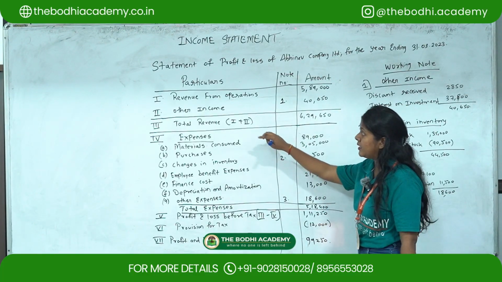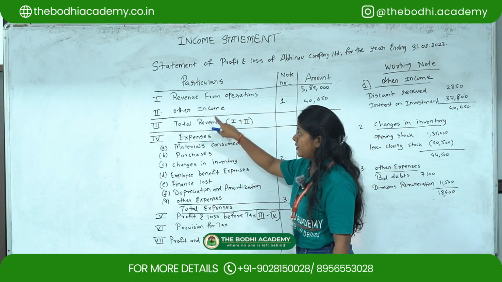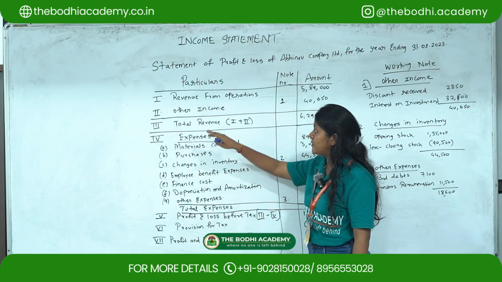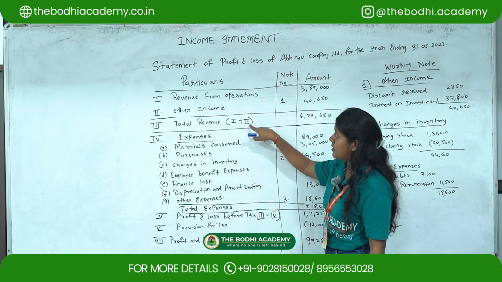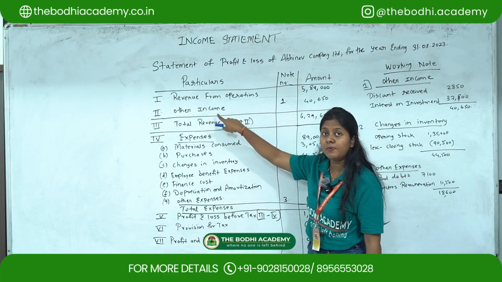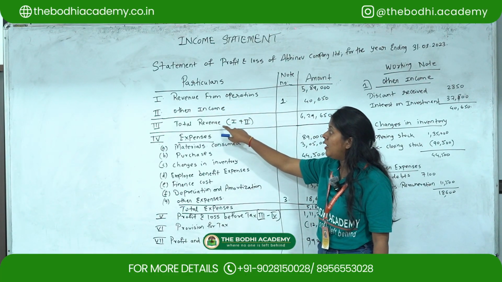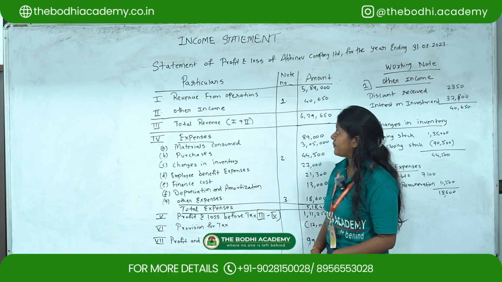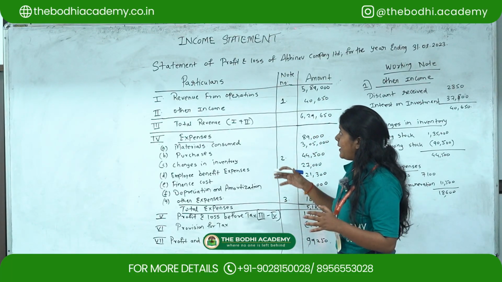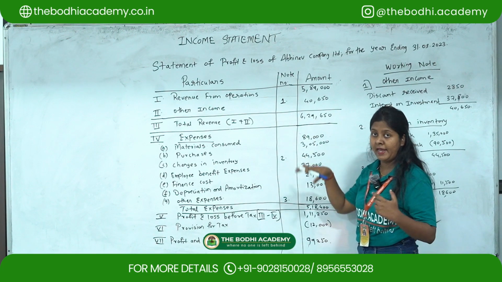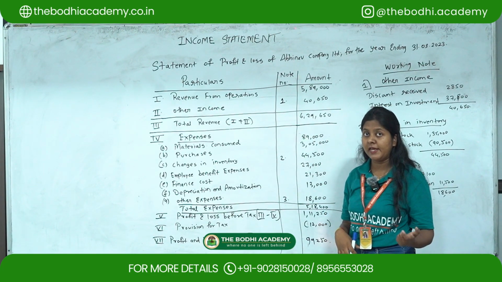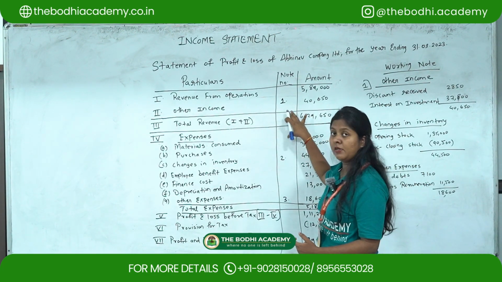Then the third step is to add total revenue, that is 1 plus 2, sales plus your other income. The format to prepare this is particulars, note number and amount. Any additional items go under note number.